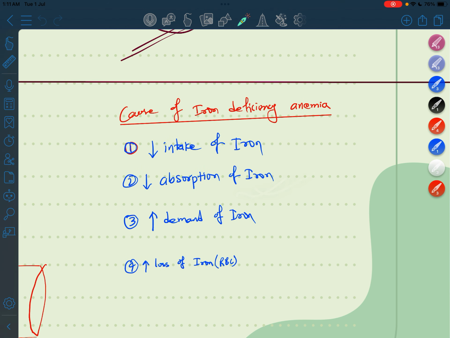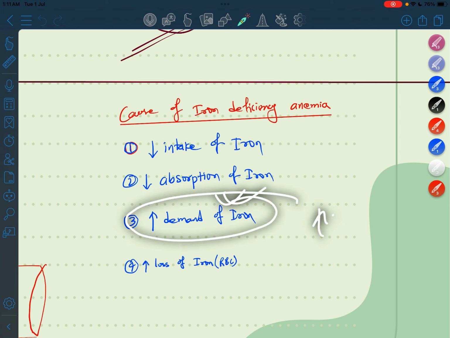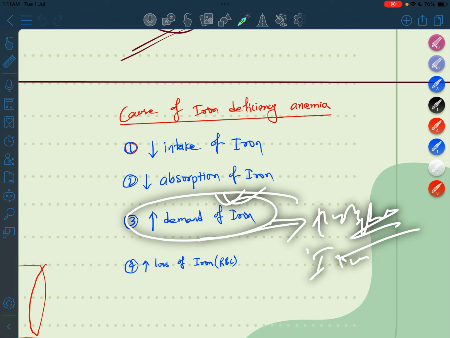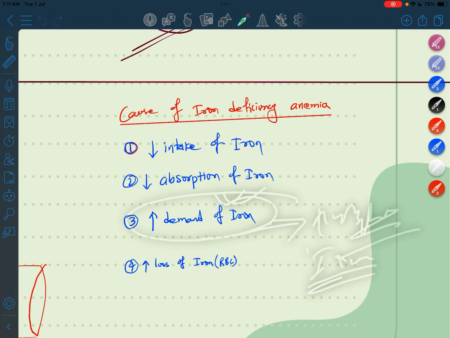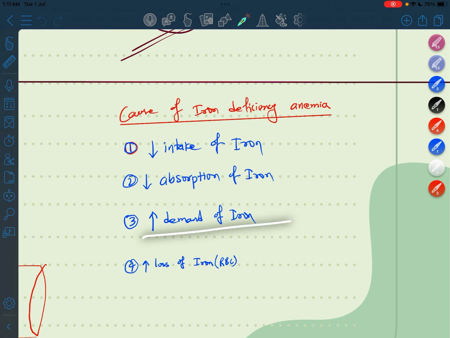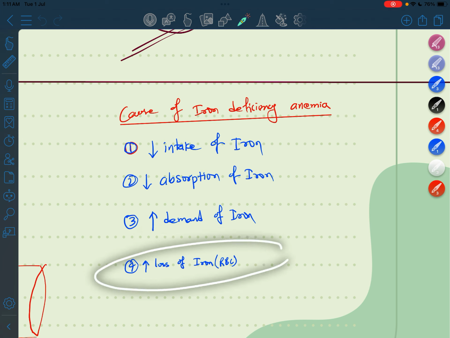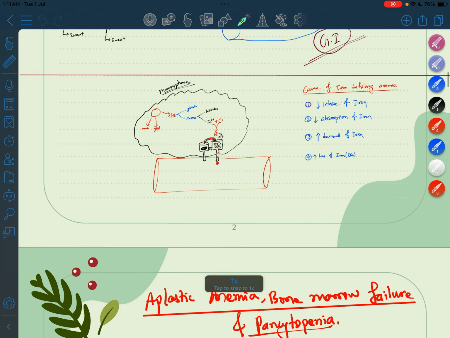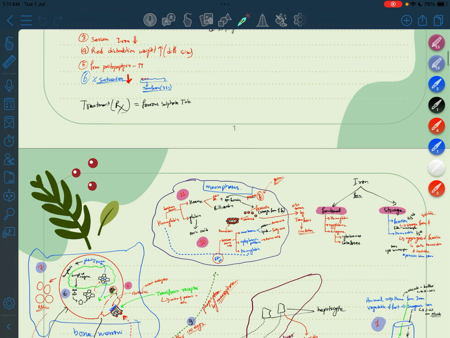If there is a decrease of this transporter, there is decreased absorption of iron. Also there is demand for iron. If more RBC synthesis is going on and there is no iron in the circulation or in the storage form, there is iron deficiency anemia. If there is increased loss of iron, like menorrhea or GI bleeding, that also leads to iron deficiency anemia. This is all regarding the causes of iron deficiency anemia.